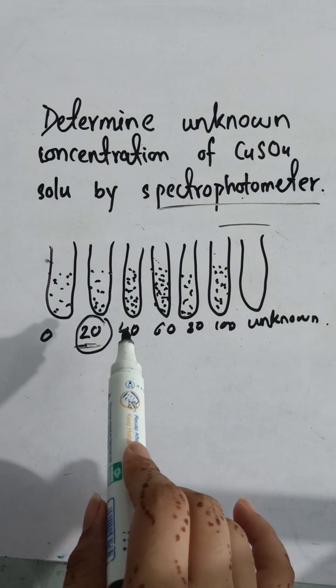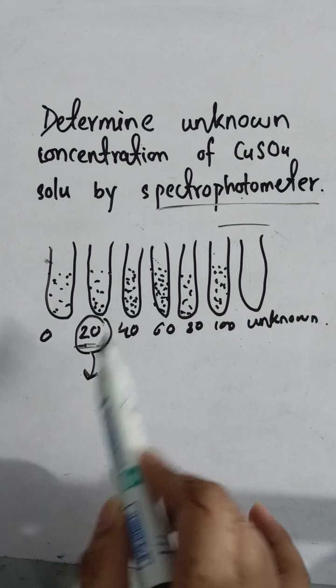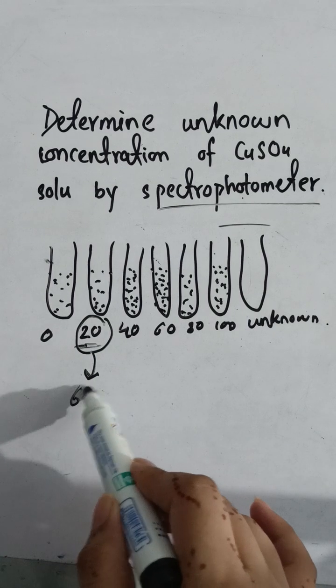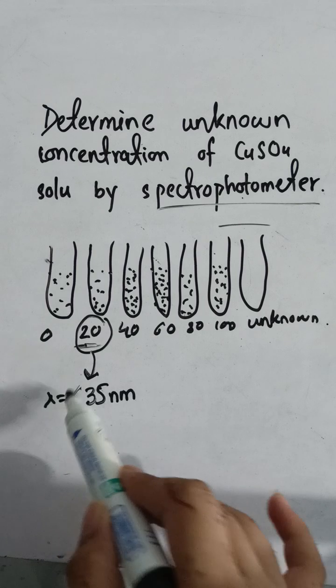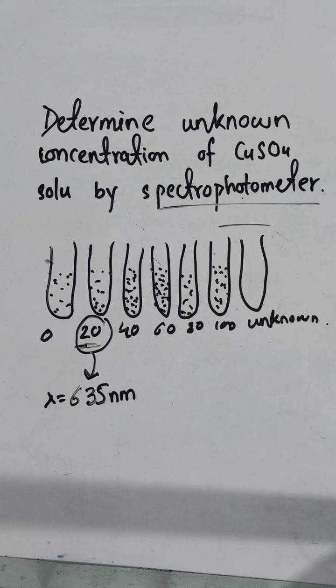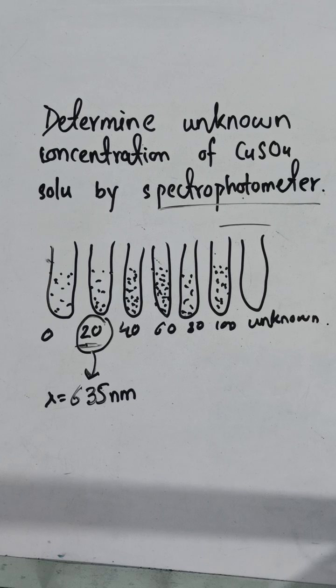You will shine light on it whose wavelength would be 635 nanometer. This is the maximum wavelength that you use for this concentration of the test tube. You fill your sample holder with this concentration of CuSO₄, then allow the light beam to pass through it, and measure the absorbance.